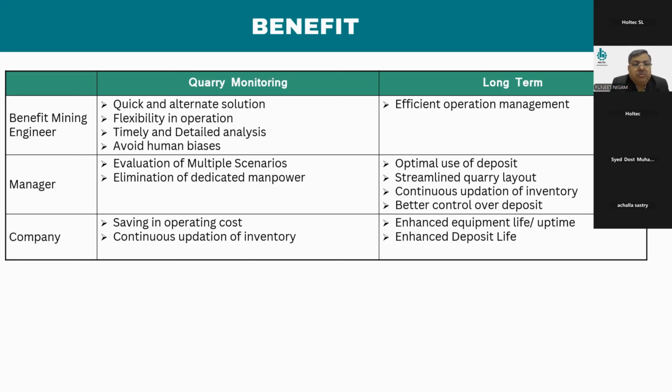Whatever has to be done is then further modified on the plant side. The plant people say, okay, this is the best thing coming from the mines that we can take. So the understanding between the mines and the plant reduces a lot of conflicts and gives smooth operations. And this gives top management, and also the owner, an idea of what decisions have to be taken.